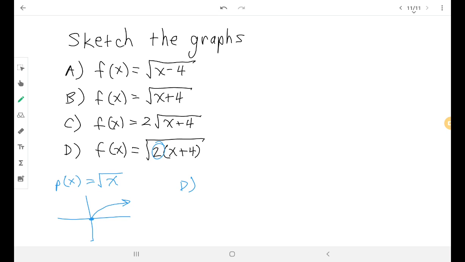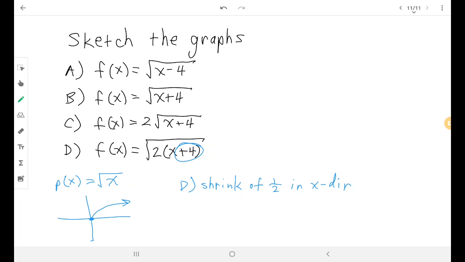It looks like this would be a stretch. So in reality, it's a shrink, okay, of 1/2 in the x direction. So imagine then that we take this and we squish it down like an accordion, and what would happen then? Okay, that's what we're looking at.